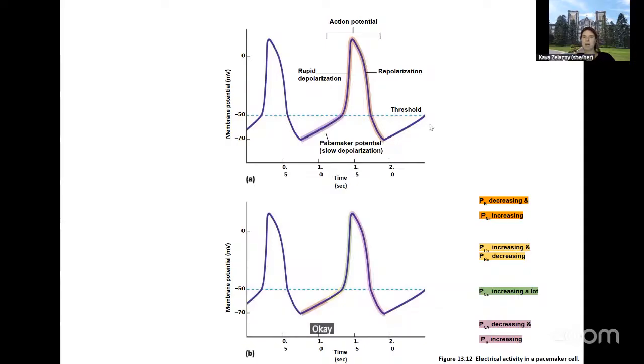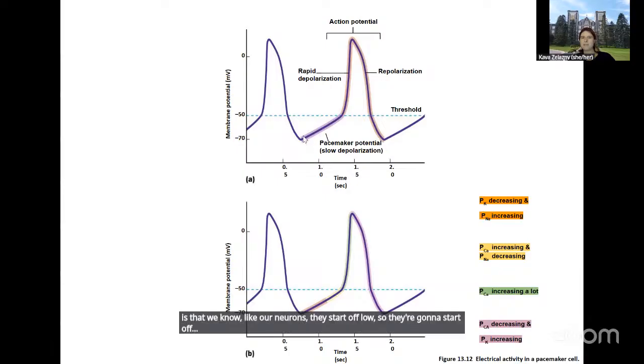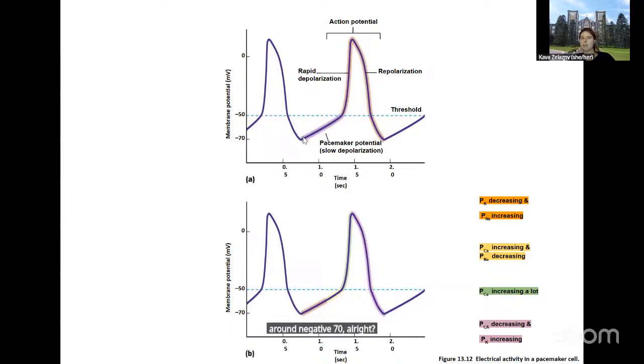Okay. So in terms of how the membrane potential of these pacemaker cells changes, we know our neurons start off low. So they're going to start off around -70, right? And even if we just have them in a petri dish, we're going to see that we have a slow depolarization.